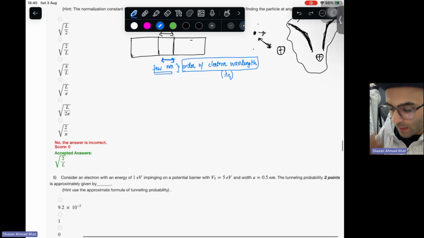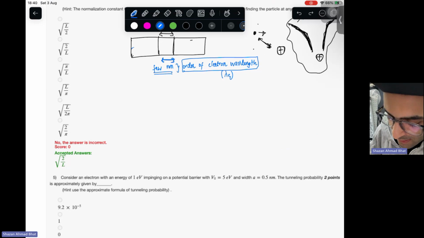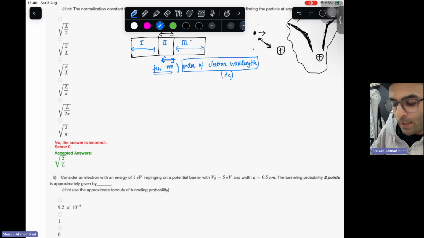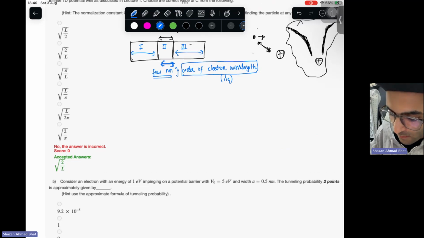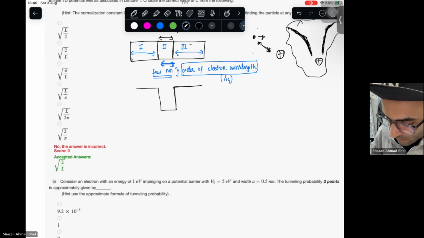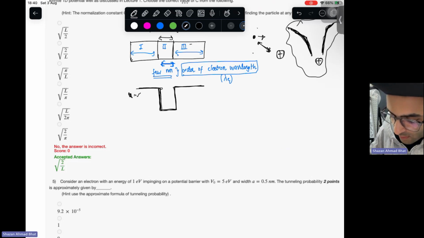That is what we are going to discuss. So let's say you made certain materials. Let's say this has some width, this has a certain width, and this has a certain width, and this is material one, material two, material three. Then because of the nature of the energy levels, you get a potential well profile like this, where this potential is infinite.